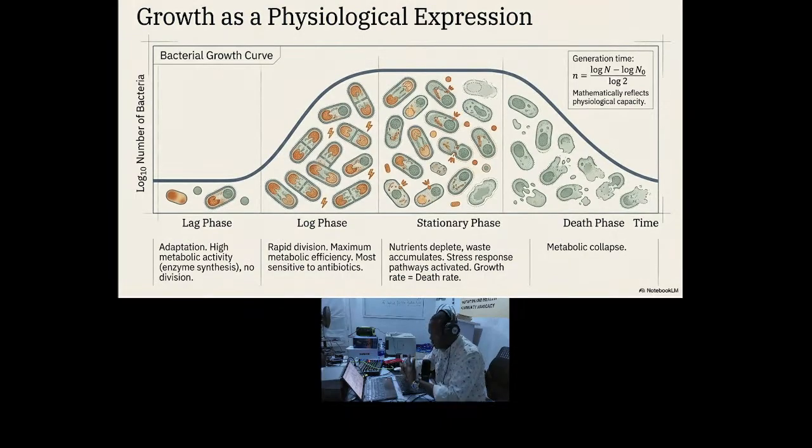Now, I want us to explain and see growth as a physiological expression. Don't forget where I have been coming from. I told you that this course has two branches. The first branch is microbial metabolism, which has to do with cellular activities. The second one is physiology.